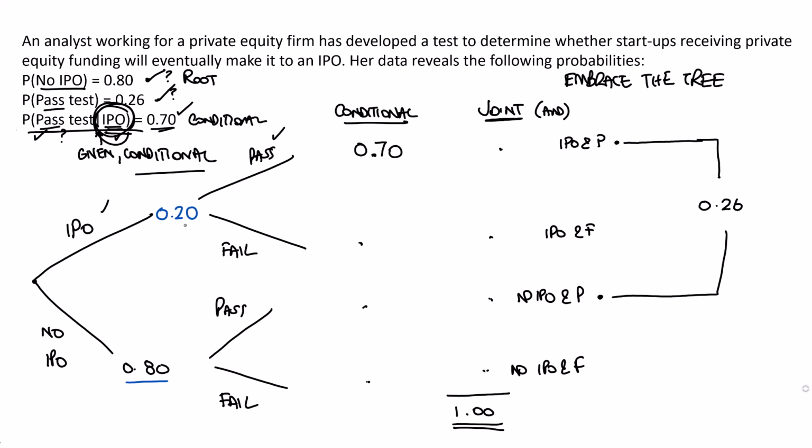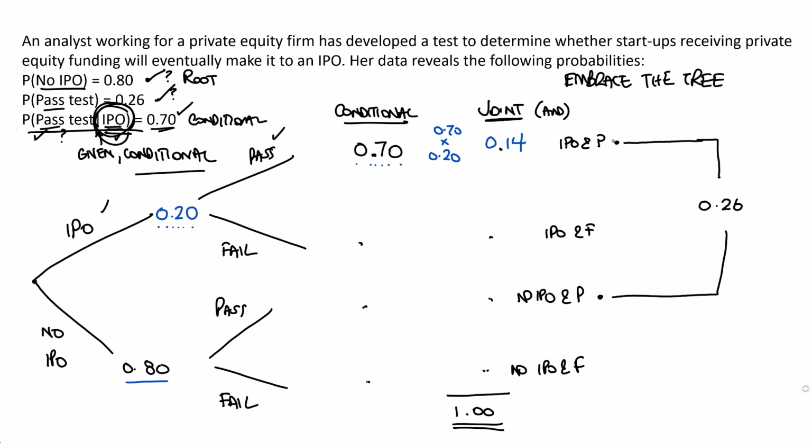Now we're starting to cook. I know the probability of an IPO is 0.2, and I know the conditional probability of passing given an IPO is 0.7, so I must know the joint. That has to be 0.7 times 0.2. 0.7 times 0.2 is 0.14. So I know an IPO and passing is 0.14.